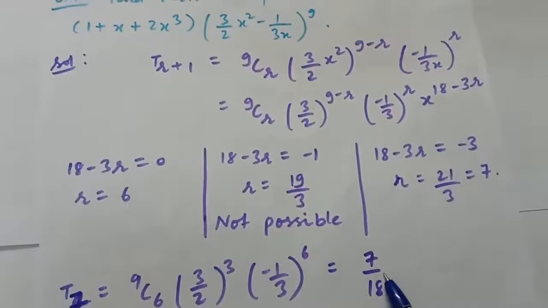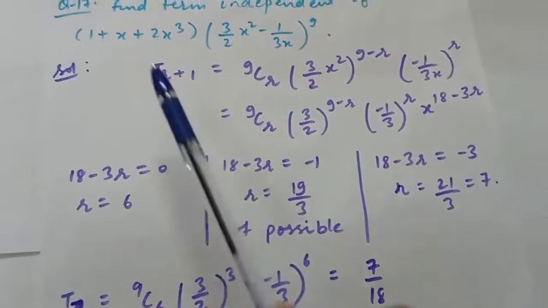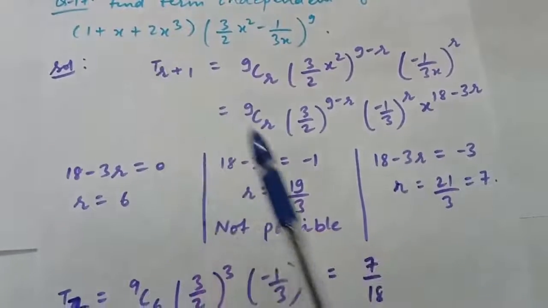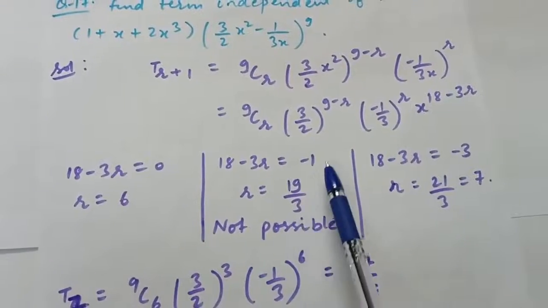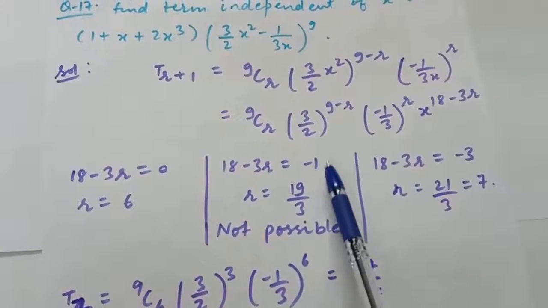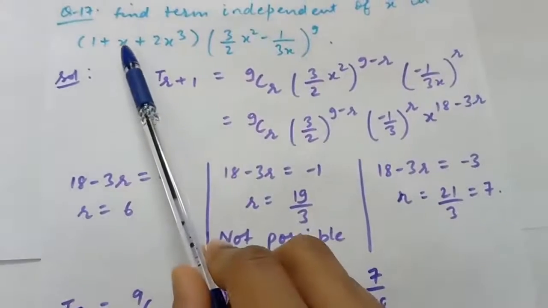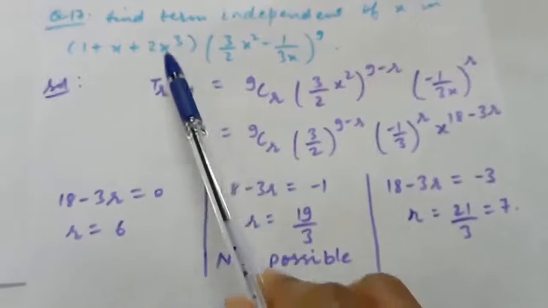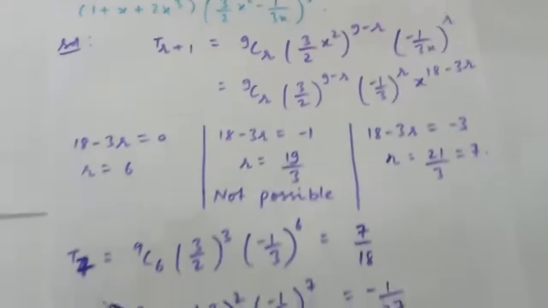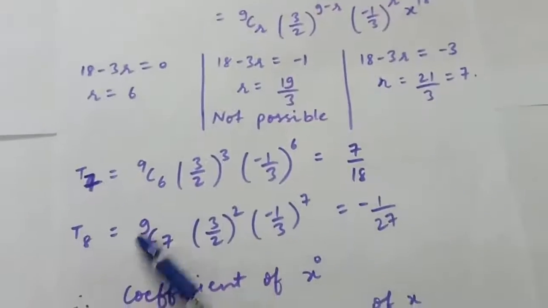So we will multiply this 1 with 7 by 18, right? Then this x, because no term is possible which includes x raised to the power minus 1, so we cannot multiply this with any term. Now this 2x cube with the 8th term, right?